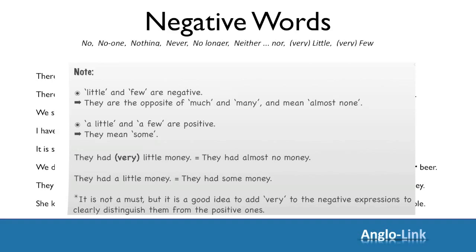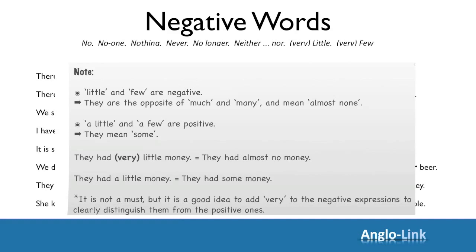So you've got to be really careful which one you use. So when you hear or say they had little money, it means they had almost no money. Whereas when you say they had a little money, you mean they had some money. In order to avoid this confusion, it's always a good idea to add the word very to the negative expressions, to insist on the negative. They had very little money.